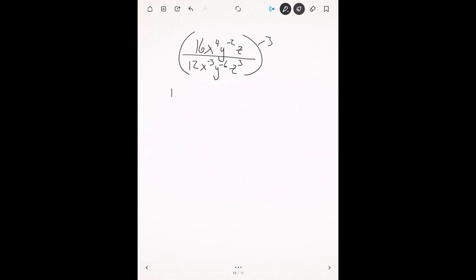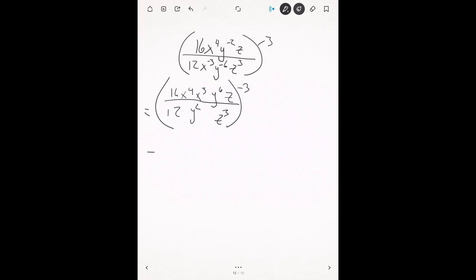So I'm going to take 16, x to the 4th, a 12. I'm going to move the x to the 3rd up. I'm going to move the y squared down. Oops, the y squared. I'm going to move the y to the 6th up. The z to the 1st stays, and the z to the 3rd stays. So this should be what I get when I start moving some things around inside of the parentheses.